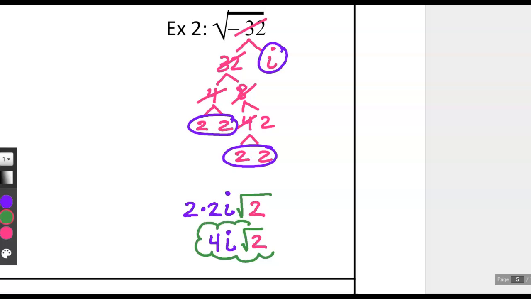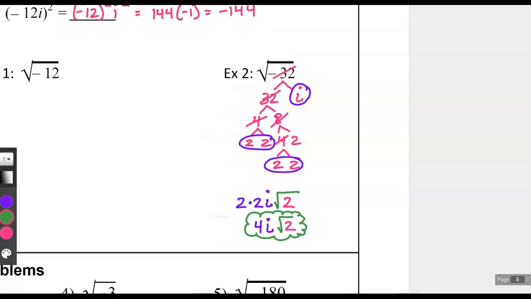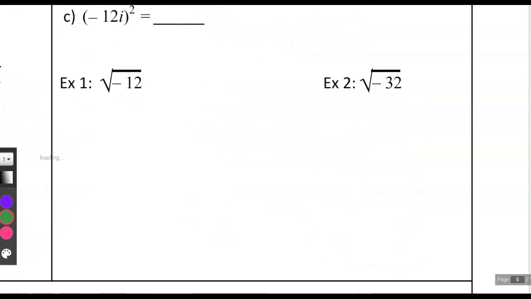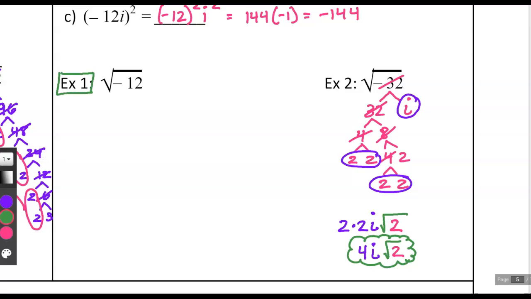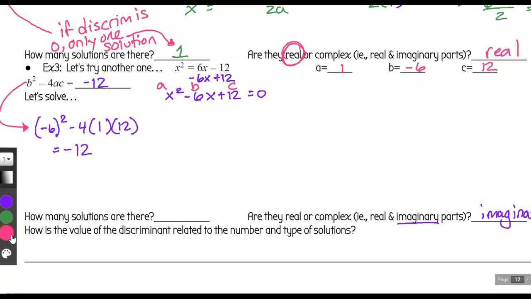I want you guys to do the example number 1. Remember, we found the discriminant was a -12. So now our next step is to finish creating our quadratic formula.